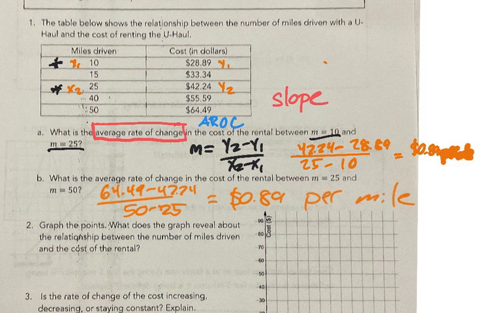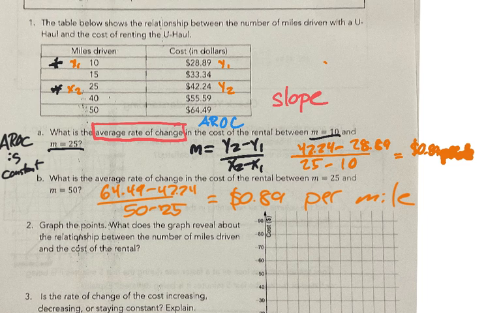So the average rate of change between 10 and 25 is the same as the average rate of change between 25 and 50. Meaning, what can we say about the average rate of change? Constant. It's constant. So if the average rate of change is constant, that means it's a constant rate of change.